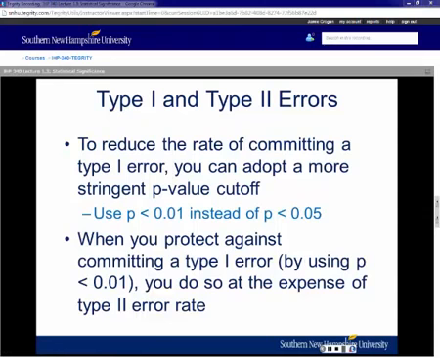Now this p less than or equal to 0.05 is a very well accepted criterion for calling something statistically significant. When researchers collect and analyze their data, they use some statistical tools to see if the result is significant. This p-value is generated by the software people use to perform statistics.